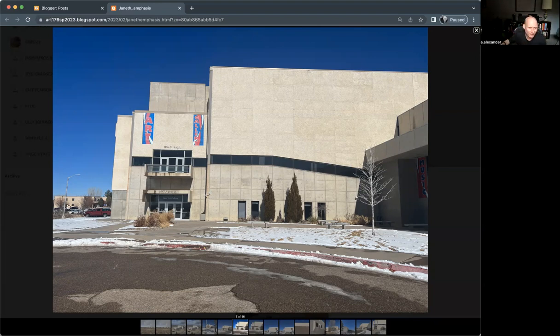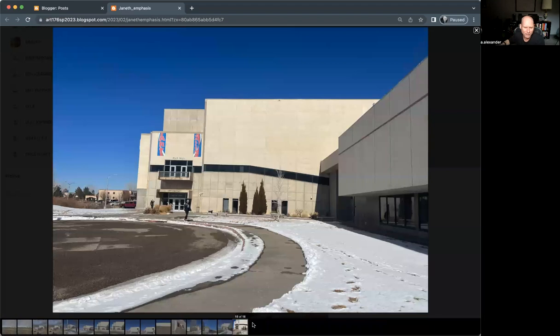Then we have these areas on the corners, ends and sides that seem to include information that doesn't really belong. So moving forward, pay close attention to the edges of your photo so that you're incorporating everything within the photo. Because this sign here and the cars over here aren't really helping you at all.